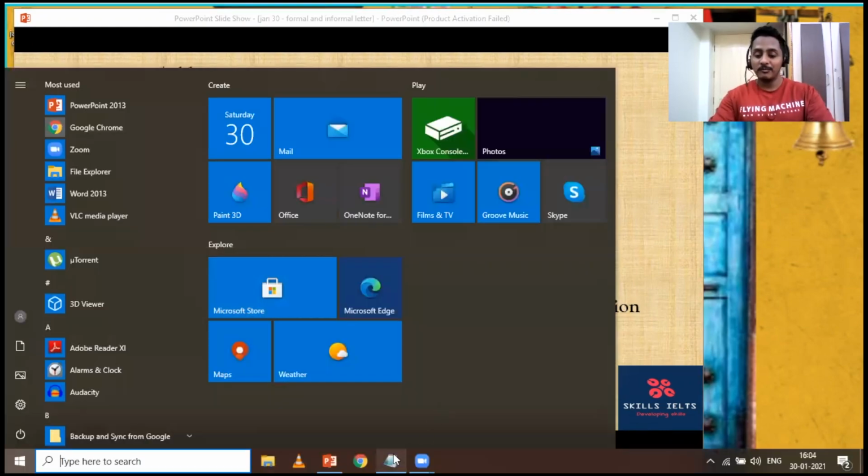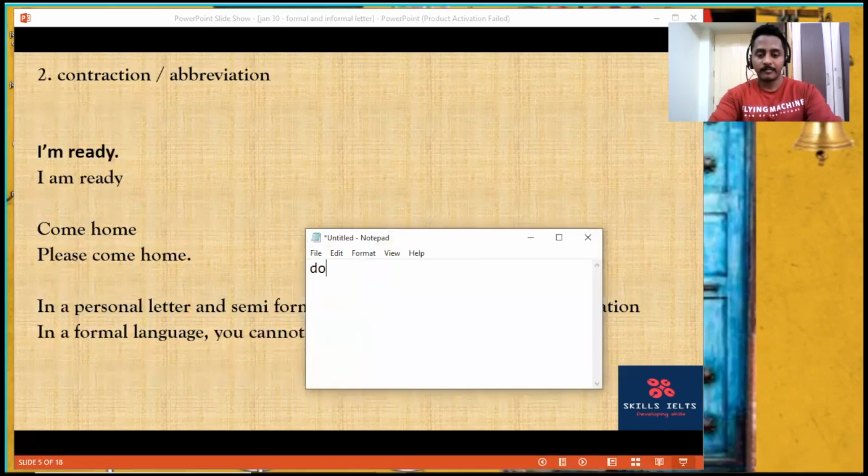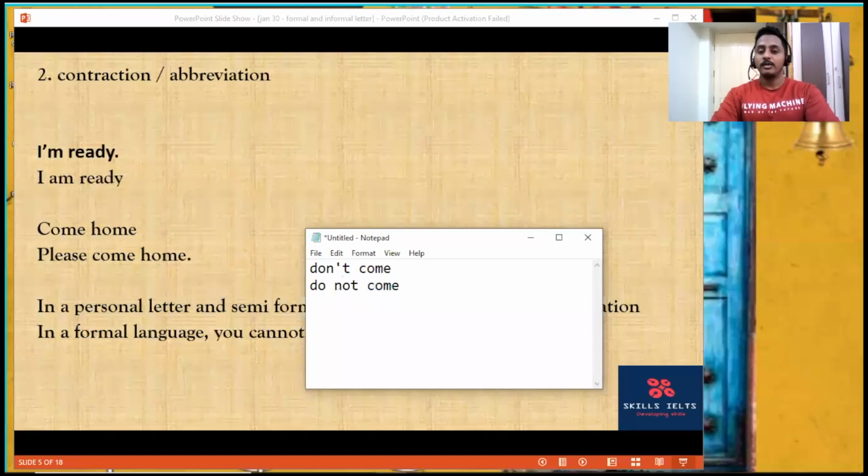For example, a lot of people write this. First of all, there is no word called DONT, and a formal letter cannot have a short form. DONT is wrong. It is DON apostrophe T, which is also wrong for a formal letter. It should be do not come. Do not use contractions.